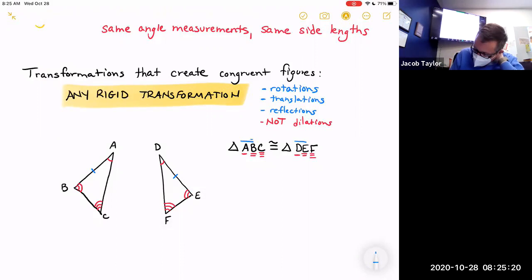The last 2 letters were BC and EF, which tells me side BC is congruent to side EF. And then the only combination that's left is the first letter and the last letter, so AC and DF are congruent. And again, I will do those with 1, 2, and 3 doodly dids.